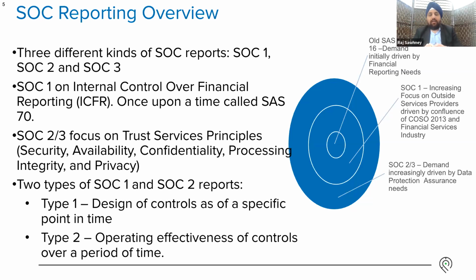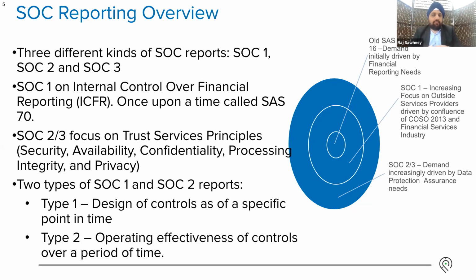But it is not something that the CPA firm signs off on, because they haven't done the test of operating effectiveness. So there's a value to doing the SOC 3, but it's not the same type of value that we get from a SOC 1 or SOC 2.